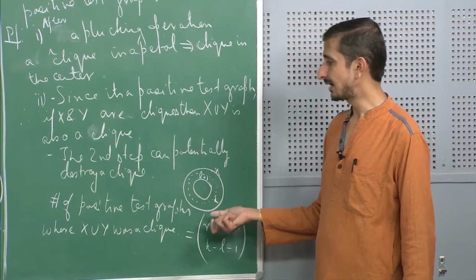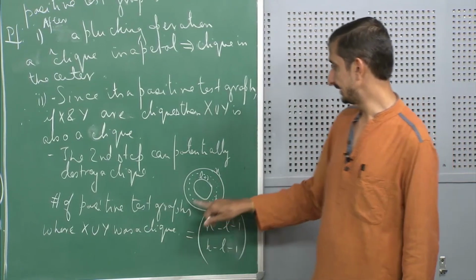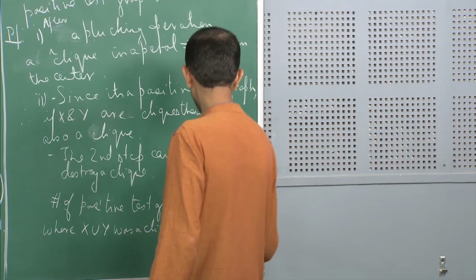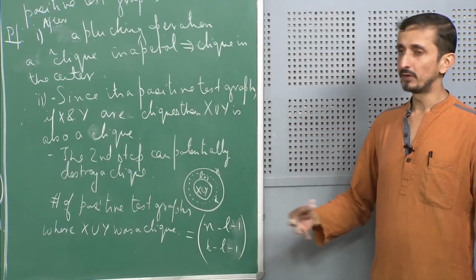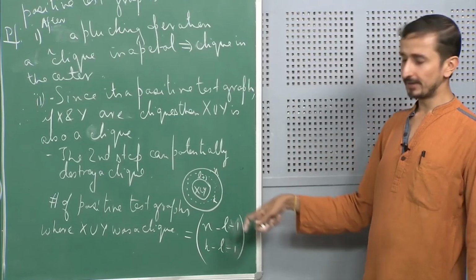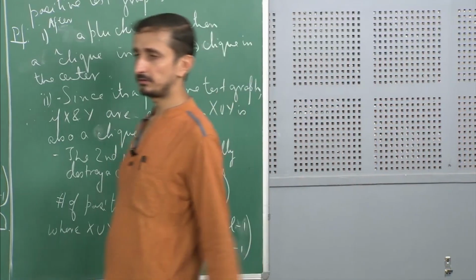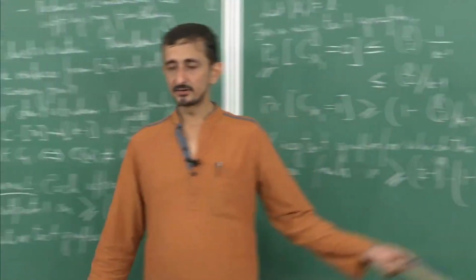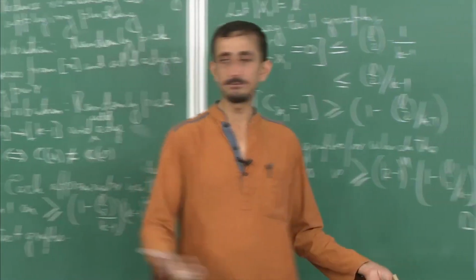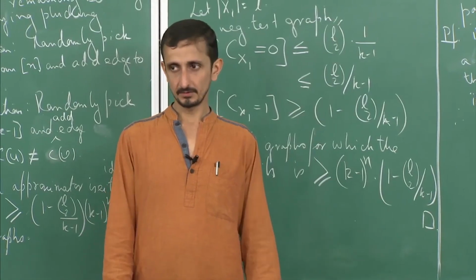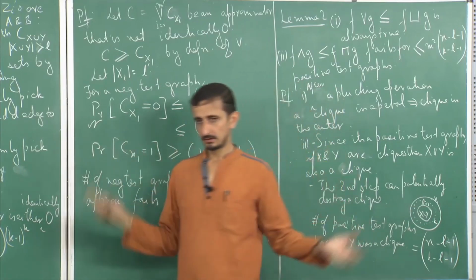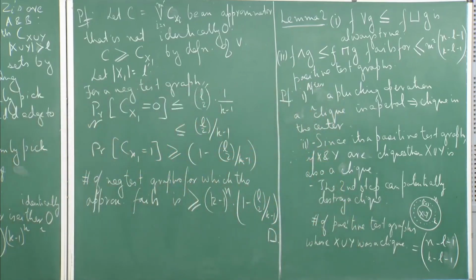No, because I want to count when will this set, so this is my X union Y, when was this a clique? So, this was a clique if this choice that I made for the k vertices was a superset of X union Y, okay, when it contained this, because the rest of the graph is empty, it does not have any edges. So, the only way in which X union Y could have been a clique is if these k vertices were a superset of X union Y.